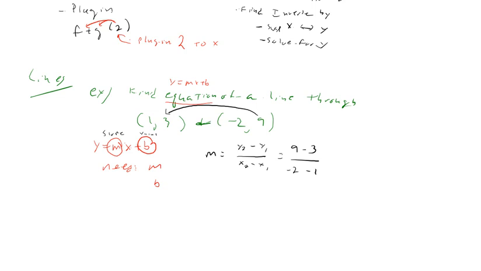Over x2 minus x1. Nine minus 3 is 6. -2 minus 1 is -3. 6 over -3 is -2. -2. This is m. So you find your slope.